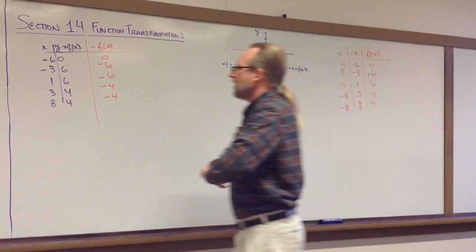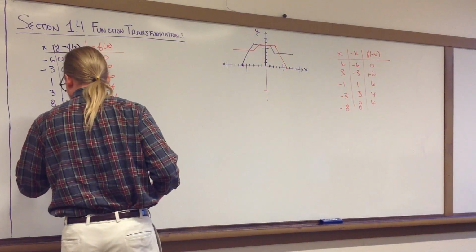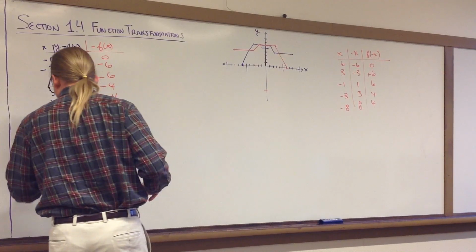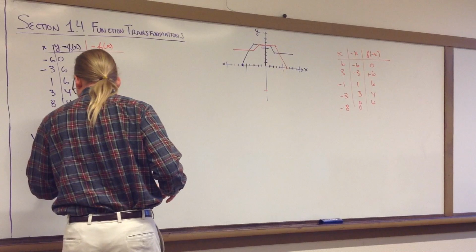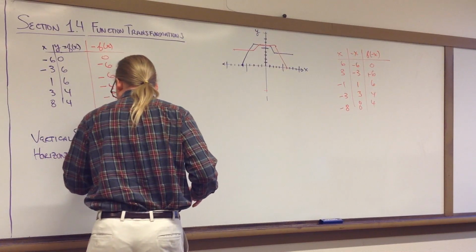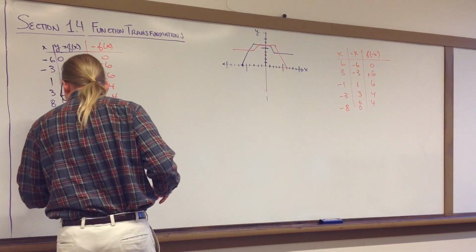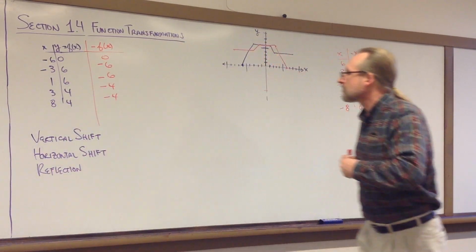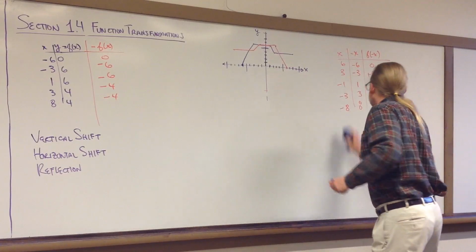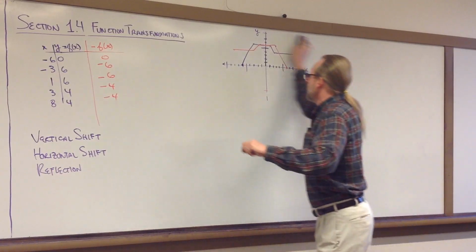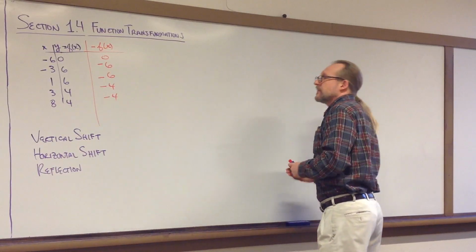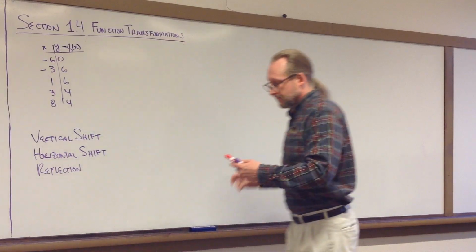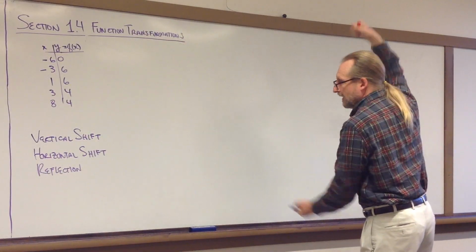So let's see. So we've talked about vertical shift, horizontal shift, and reflection. Okay? All right. Now, we've got one more kind of transformation to talk about here, and that is the stretching and compressing in both the horizontal and vertical directions.